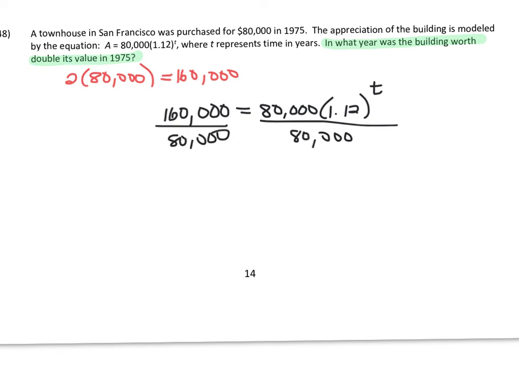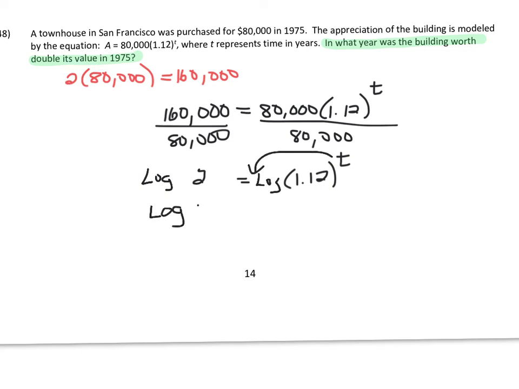On the left-hand side of the equation, when we divide those two numbers, we get 2. And then I'm going to bring down the 1.12 to the t power. You don't need the parentheses here, because you're just taking a number and raising it to a power. Now, remember when we're solving for an exponent, this is where we put the word log in front of both sides of the equation. By doing so, the power rule tells us you could take this exponent and bring it to the front of the word log.